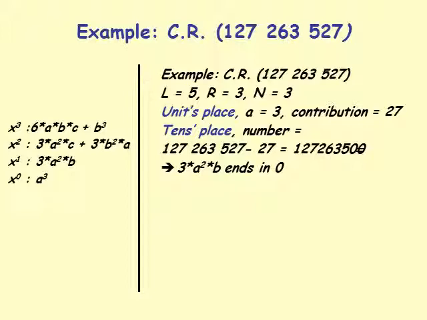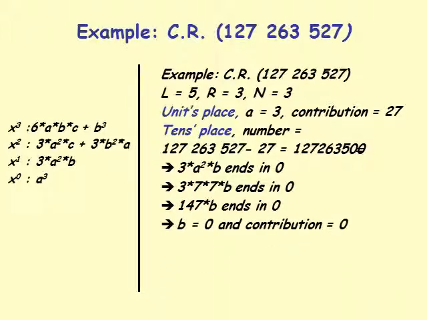Now the term is 3a squared b, which would end in this 0. That means a squared is 49, so 3 times 7 times 7 times b ends in 0. That's 147, 7 times 7 is 49, 49 times 3 is 147. It ends in 0, so b is 0, and its contribution right here is going to be 0.